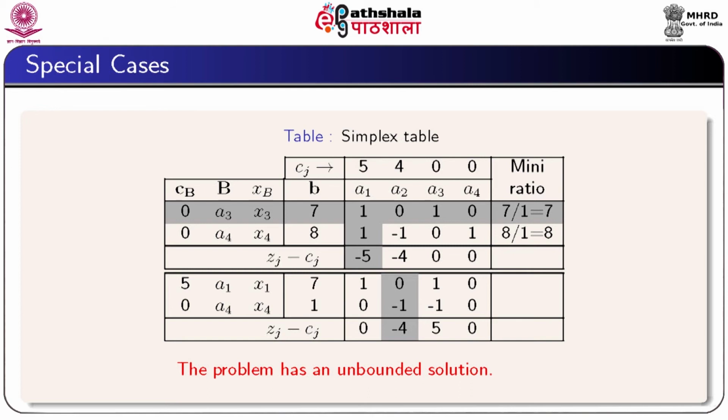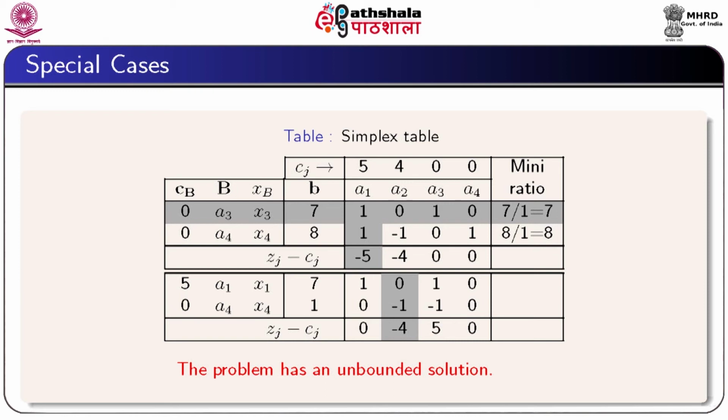In the simplex table, we see that in the first iteration z1 minus c1 is most negative, so a1 is the entering vector, and clearly we can select a3 as the departing vector. Thus, the basis a3, a4 now changes to a1, a4 in the second iteration.